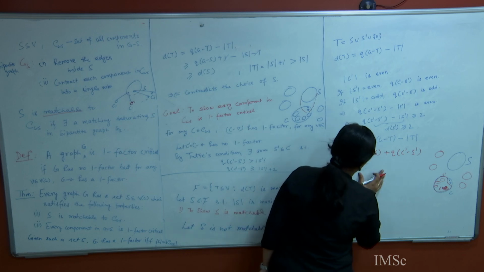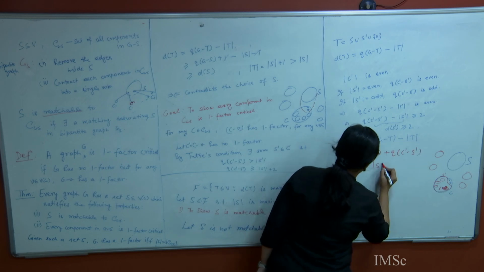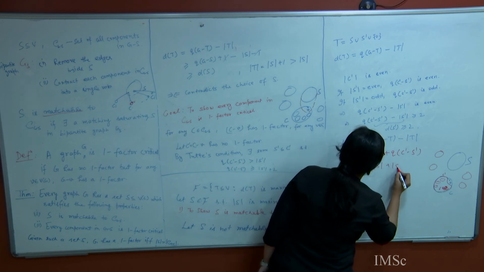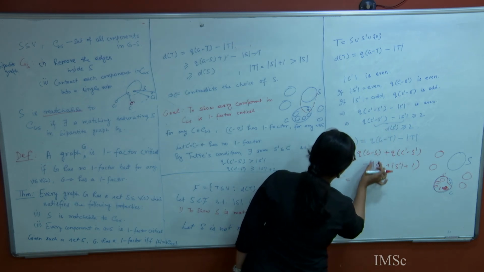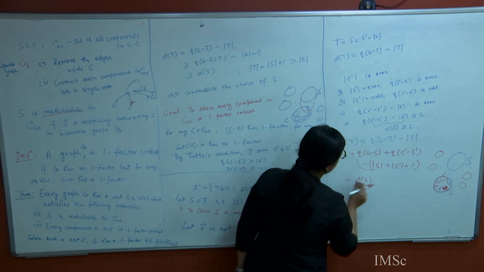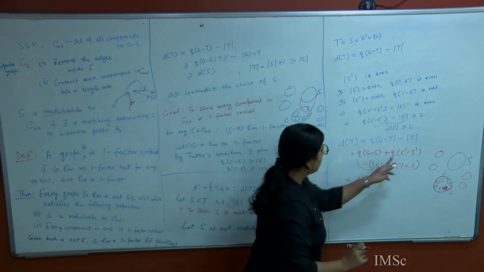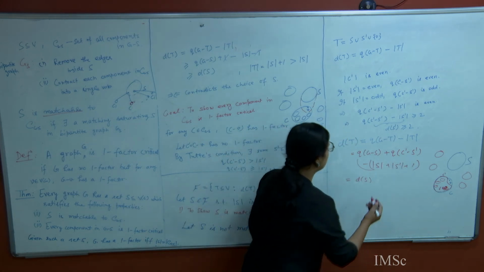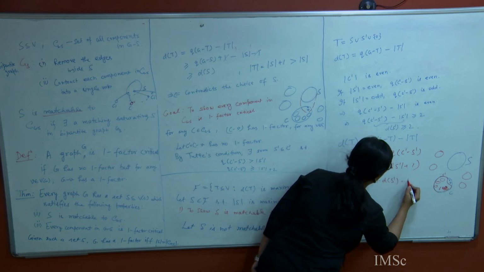and minus, and this is at least this. This is equal. Okay. The cardinality of T is the cardinality of S plus the cardinality of S prime plus 1. Then this together we can take, and this will give me d(S), and this together we can take, and what it gives me is Q(C), this is d(S prime), so plus d(S prime) minus 1.